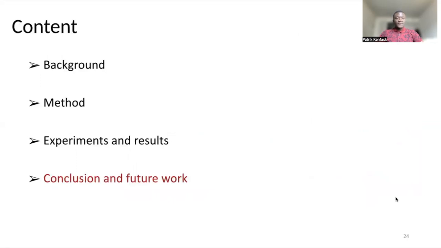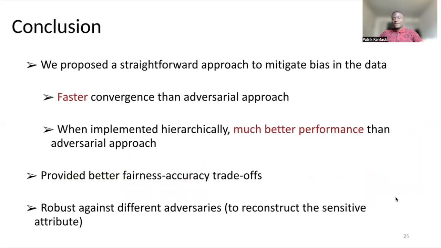So now I will conclude. In this work, we have presented a straightforward approach to fair representation learning. We use the idea of increasing the uncertainty of predicting the sensitive attribute from the latent space by leveraging the noisy label space. Our method provides faster convergence than the adversarial approach, in the sense that it's more stable, as we just have a minimization problem in the triple loss rather than a minimax optimization problem.